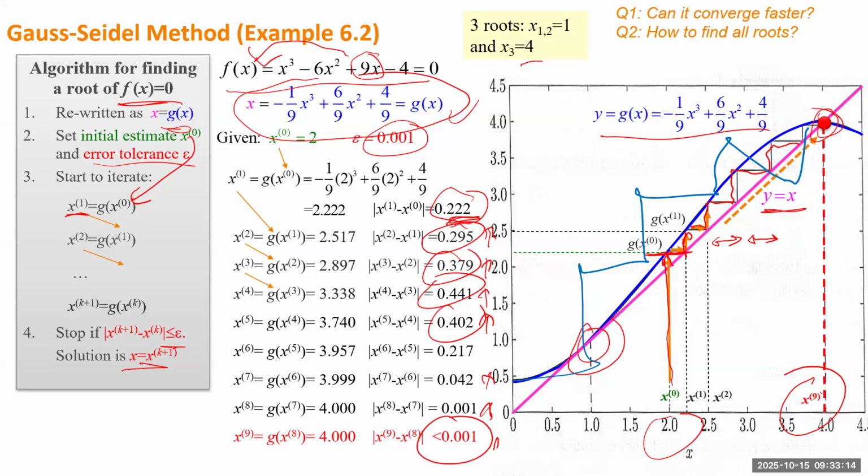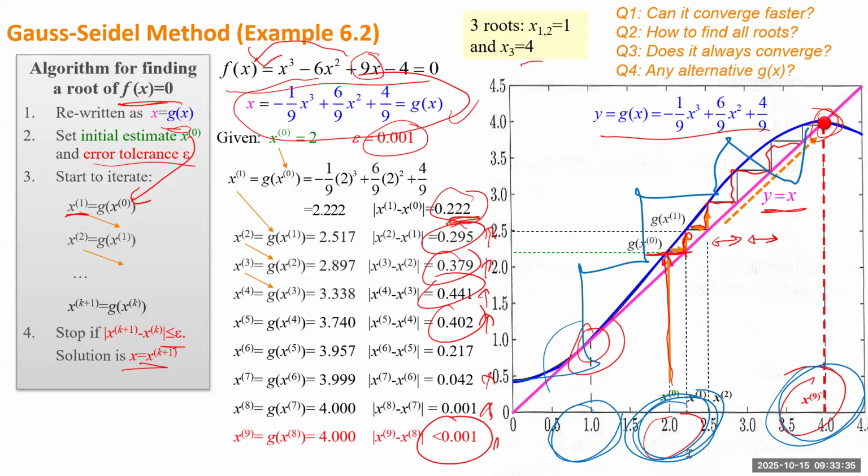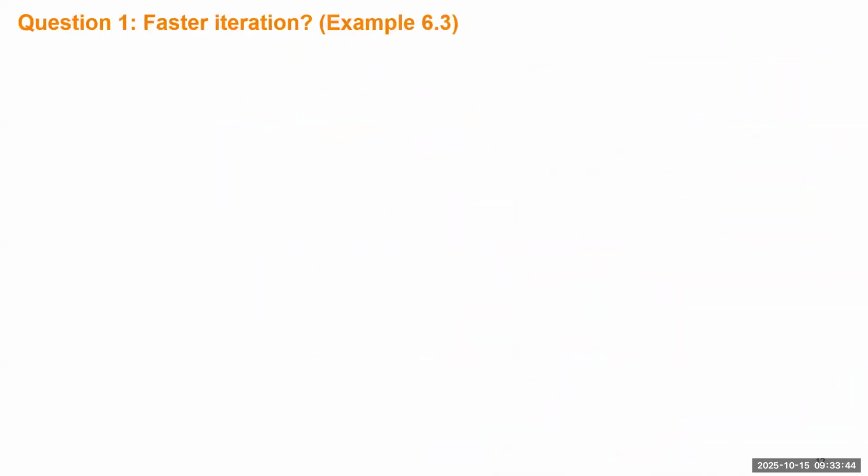Because for this case, starting the iteration from 2.0, we only get the root of 4.0. We didn't get the other 2 solutions at 1.0. We didn't get those 2 roots. The third question is, does this procedure always converge? The last question will be, is there any alternative way to write this nonlinear function? In the following slides, we'll answer each of those questions.